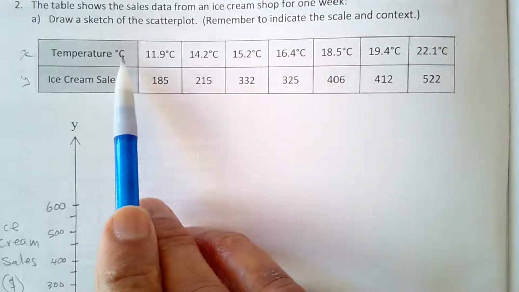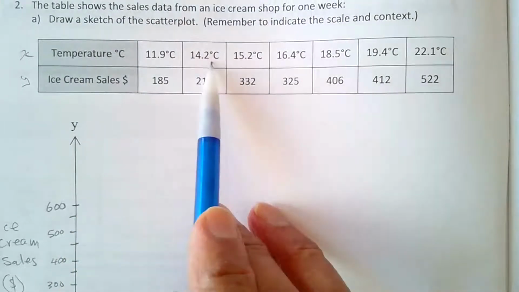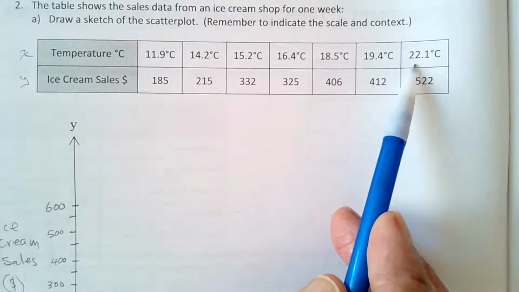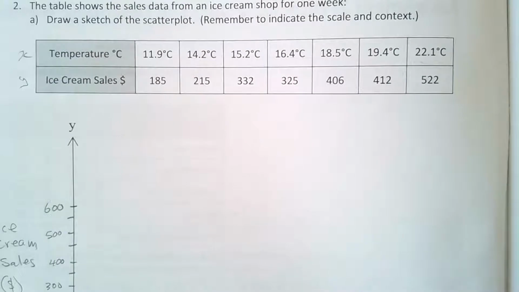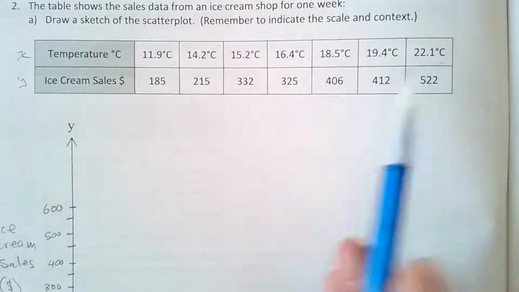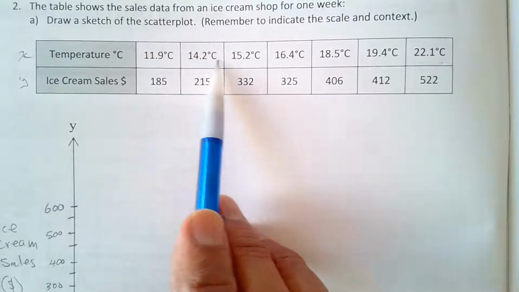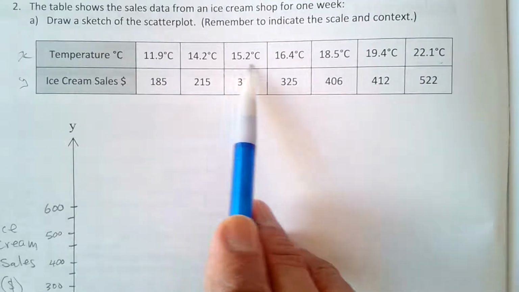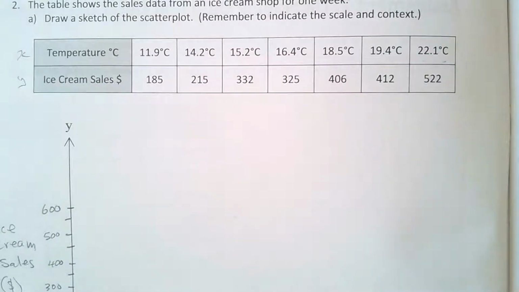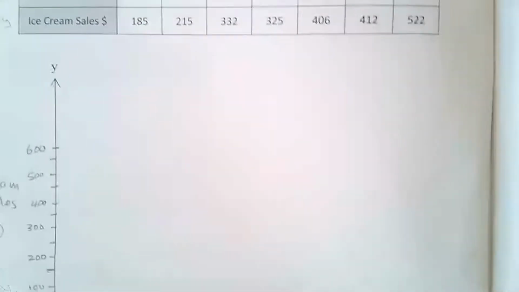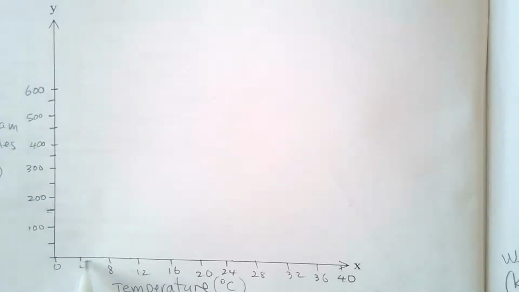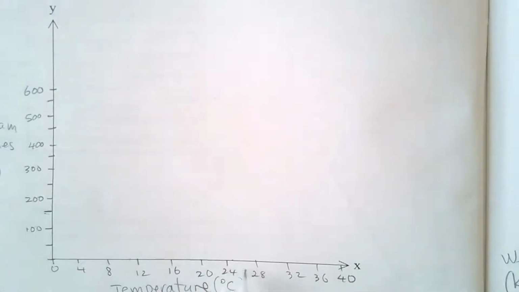Your temperature in degrees Celsius, the maximum is 22.1 degrees Celsius. So this would be your minimum on your scale. But notice it's going up in increments, not a very large increment. So we can make our scale 1, 2, 3, 4. But I went ahead and made it an increment of 4: 4, 8, 12, 16, 20, 24, 28.